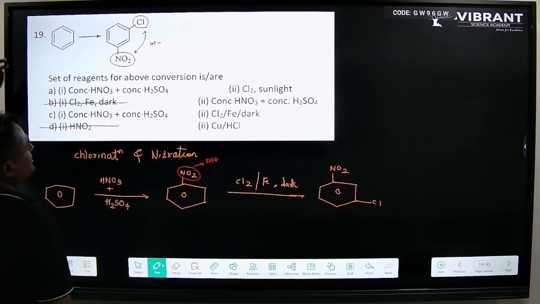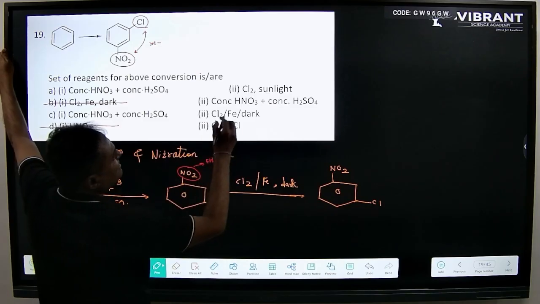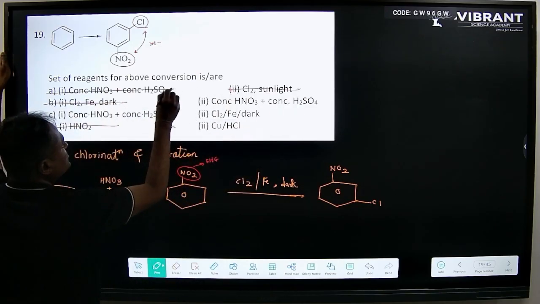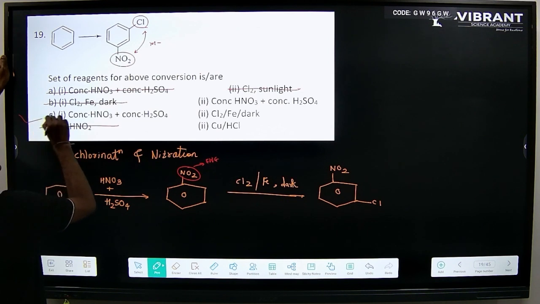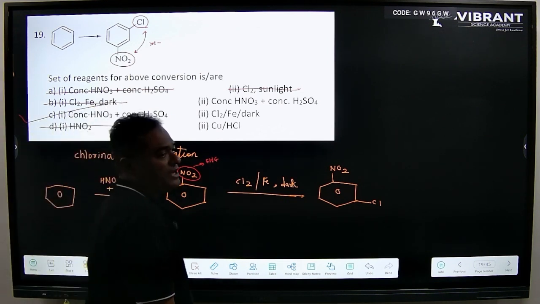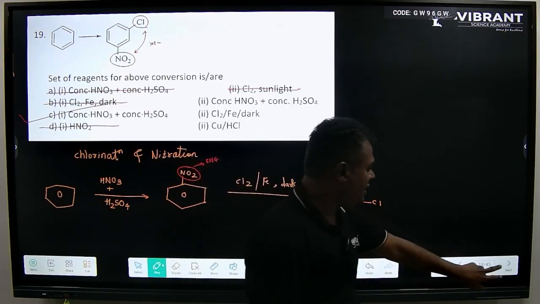Out of these two reactions, the first step is the same, but the second step has sunlight given, which is also not possible. So option A is also out, and only option C is valid. Is it clear? So your answer for this MCQ has to be C. Let us proceed with the next question.